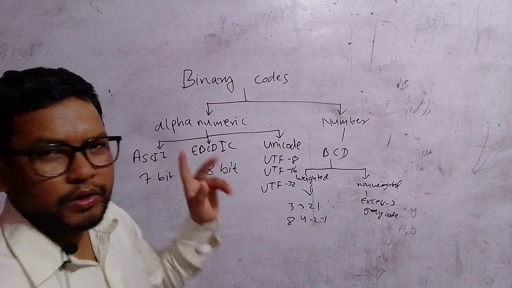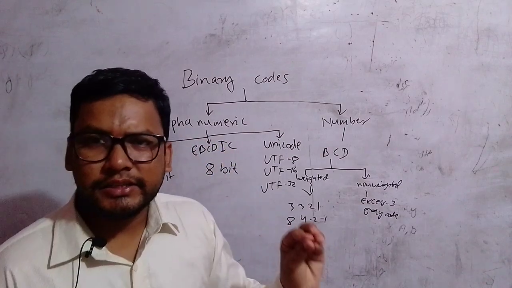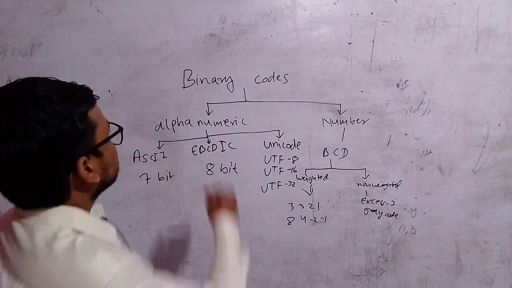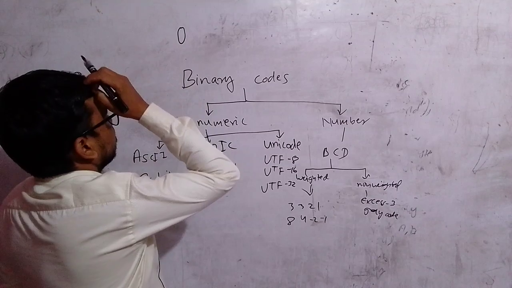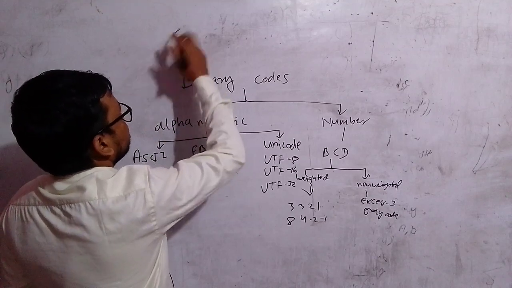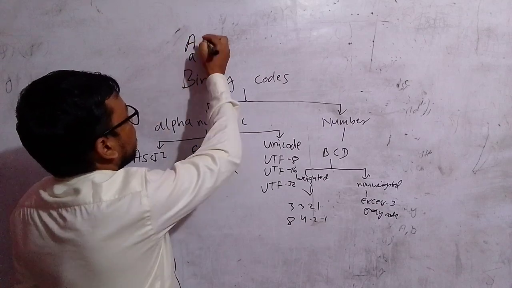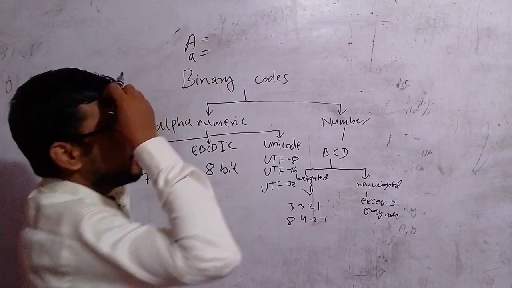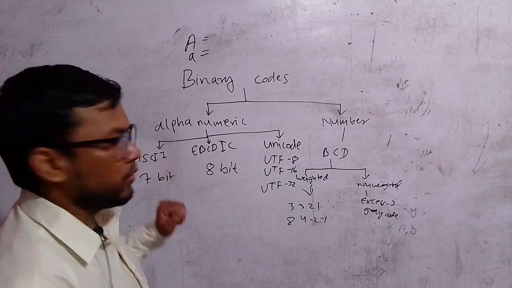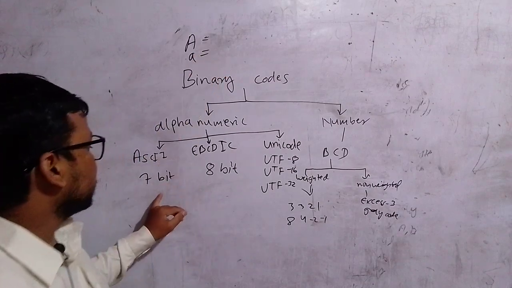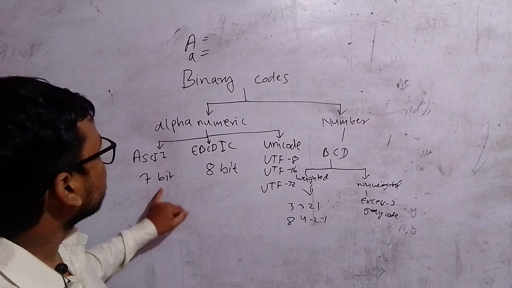One alphanumeric character is equivalent to a 7-bit code. Suppose 0, null, A, capital A, small a, all of these have a unique 7-bit code.